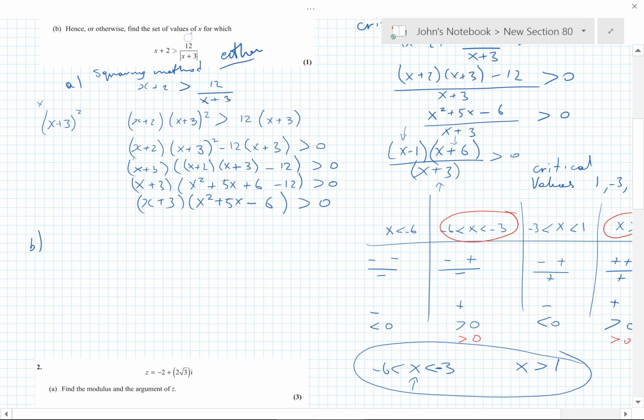So there's no way that the inequality can hold for this one. But it will hold when x is greater than 1, because the modulus will have no effect on it in that case. So the answer is just x is greater than 1. A 1 mark answer where you're just expected to write it down.